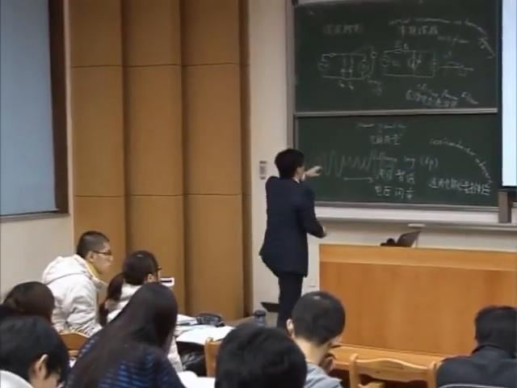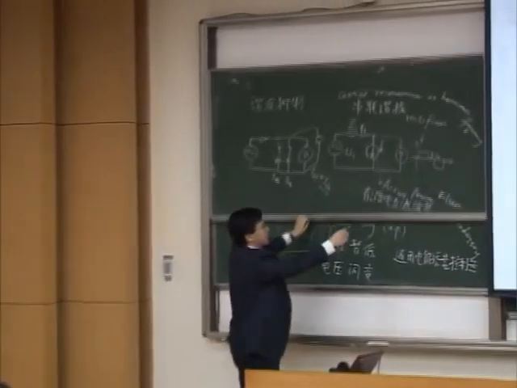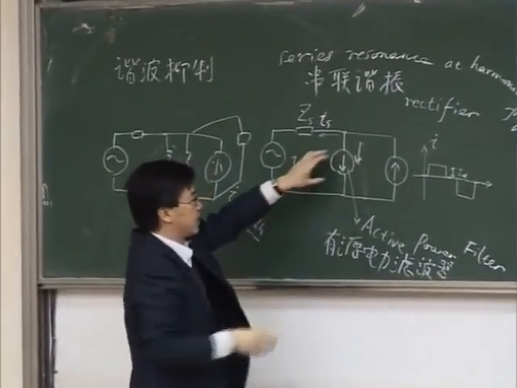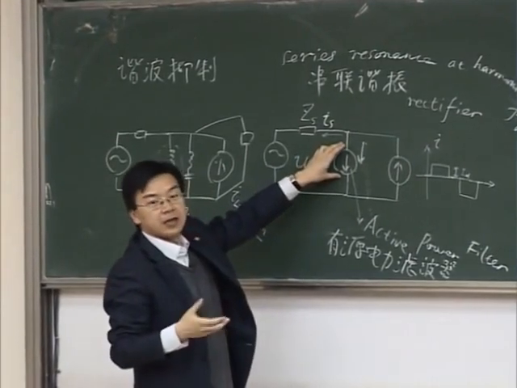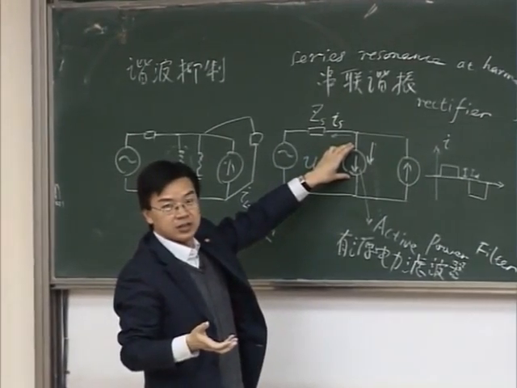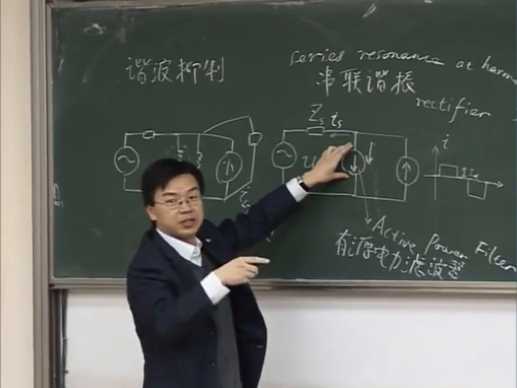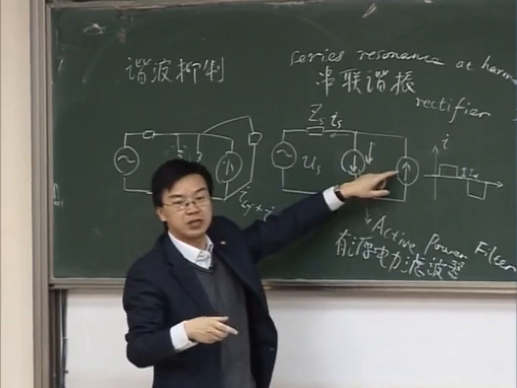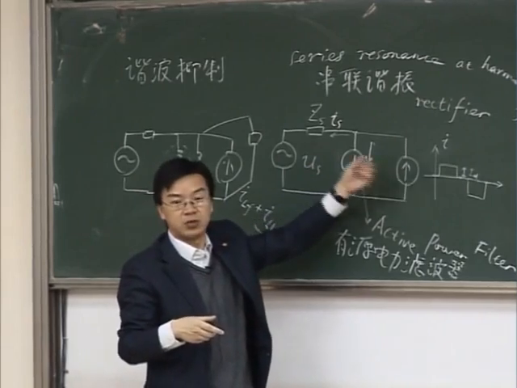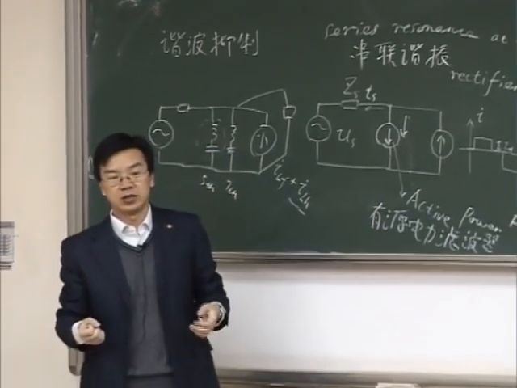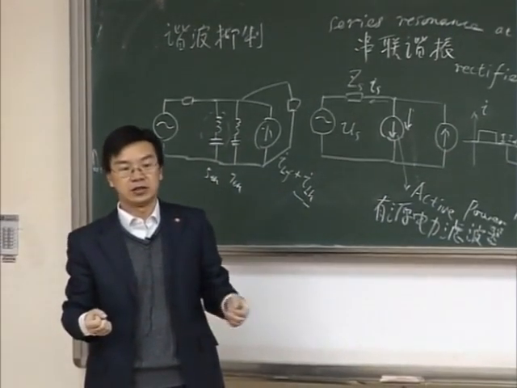Just like here, in an active filter, we are implementing a current source that generates a harmonic waveform. These harmonics are exactly the same amount as the load harmonics, but in the reverse direction. That way we can achieve a very good filtering result.